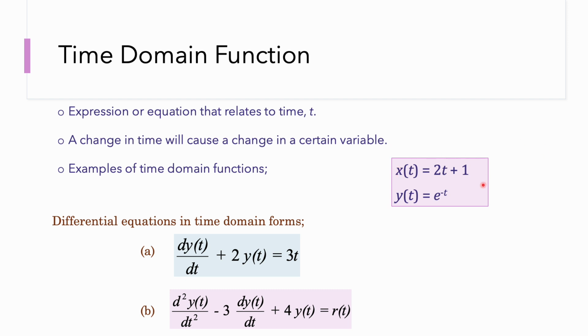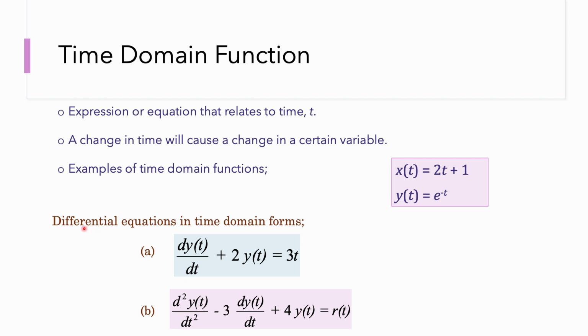For example, if we look at this equation, these are the output and these are the inputs. Of course, when the time here changes, the value of 2t will also change, and as a result the output will also change according to the time.